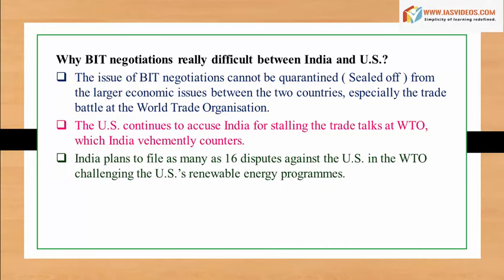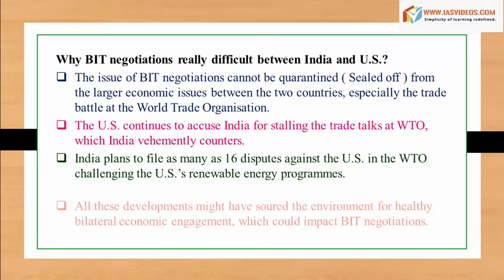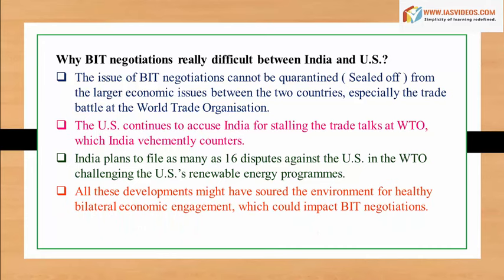India plans to file as many as 16 disputes against the US in the WTO challenging the US's renewable energy programs. All these developments might have soured the environment for healthy bilateral economic engagement, which could impact BIT negotiations.